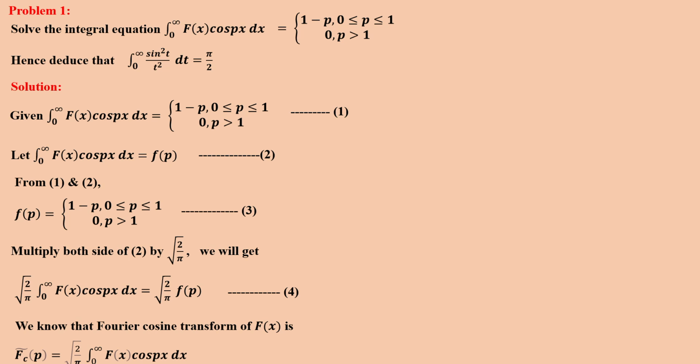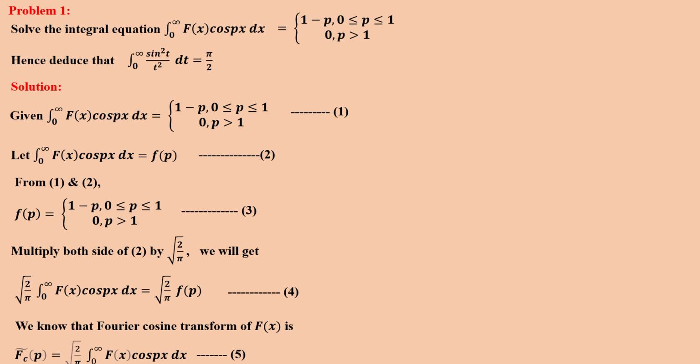Because here in the problem they are using capital F of x, that is why we are using F bar c of p. And also the integral equation involves cos px, that is why we are using the Fourier cos transformation. That is equation number 5.